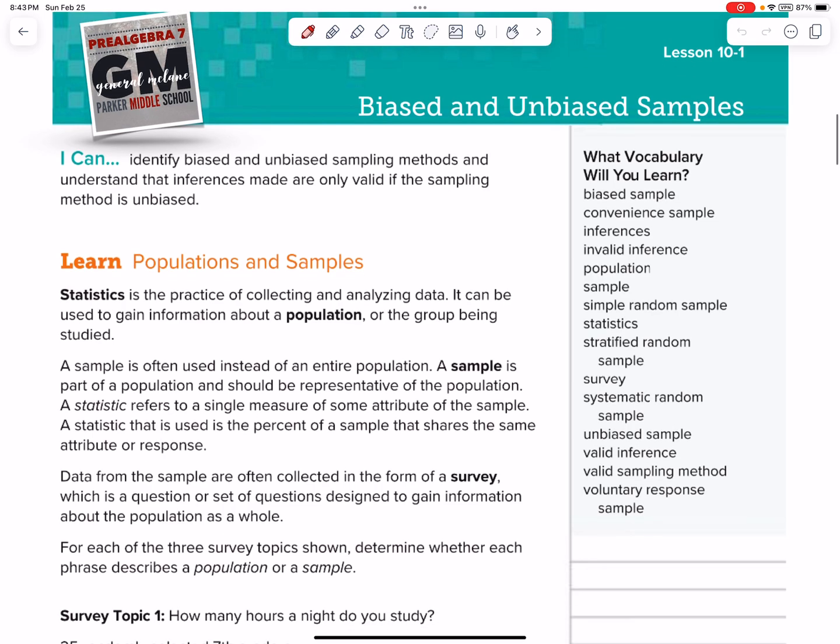Let's start off by understanding that I don't expect you to remember all of these words and scenarios. Really, this is about the big picture of understanding if something is a valid survey or not.